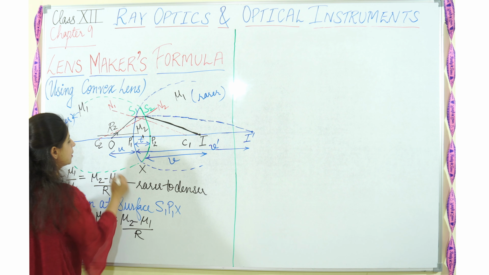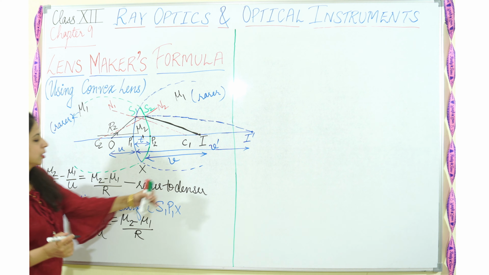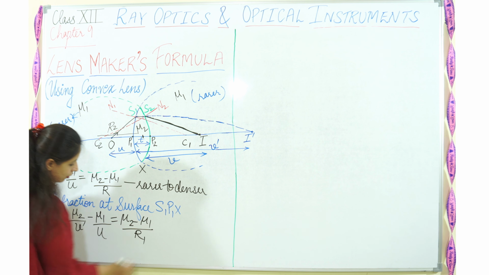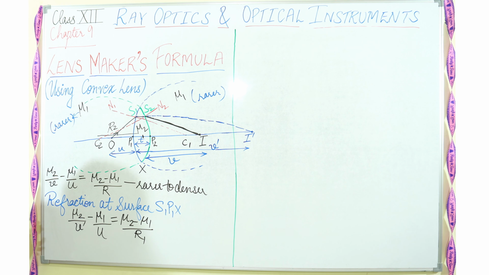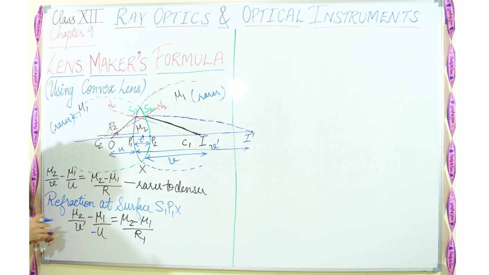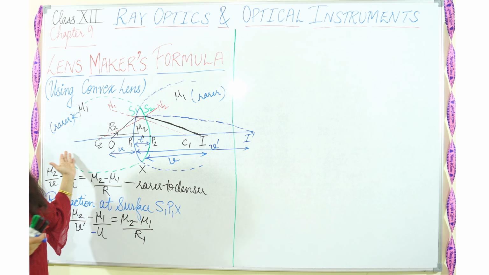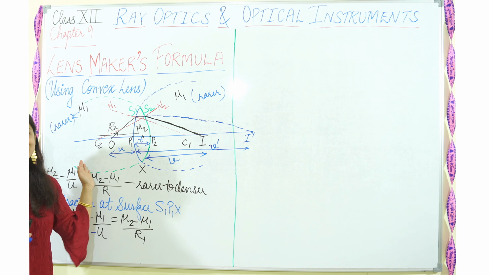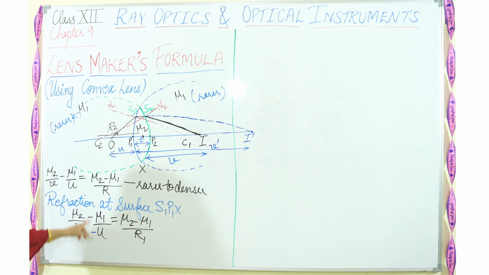Now here the radius of curvature for the surface S1 will be r1. So I have written r1, and my object will be of the negative sign, because my object is on the left hand side of the lens. So according to the sign conventions, my object will be negative over here.